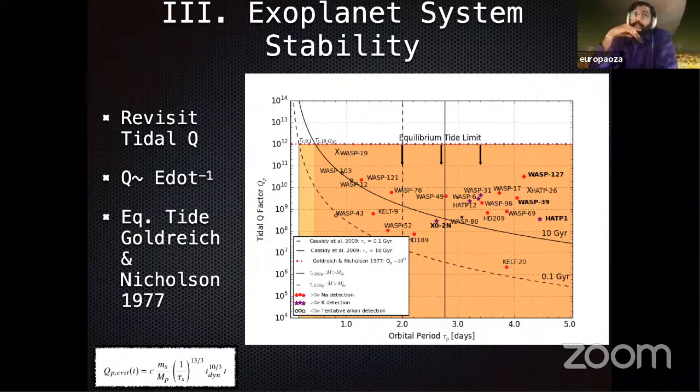Barnes and O'Brien in 2002 assumed that the hot Jupiter's tidal Q should be like Jupiter's. And then, like I had mentioned, Goldreich and Nicholson, previous to that, showed that actually Jupiter's tidal Q is much smaller than it should be.